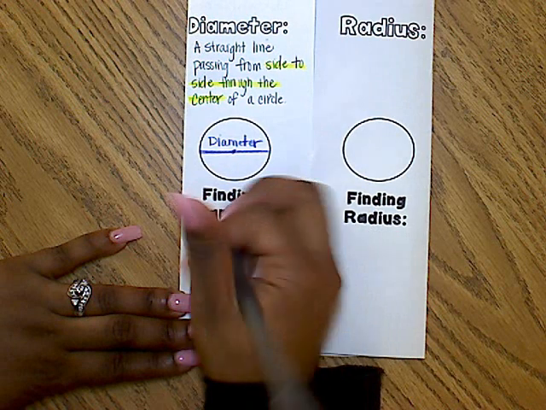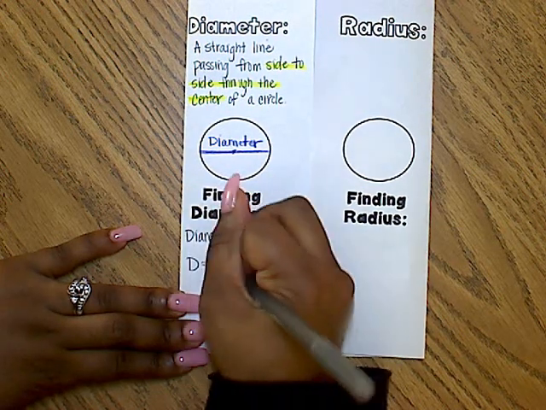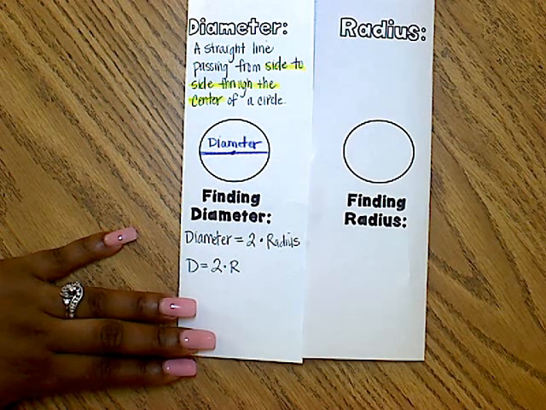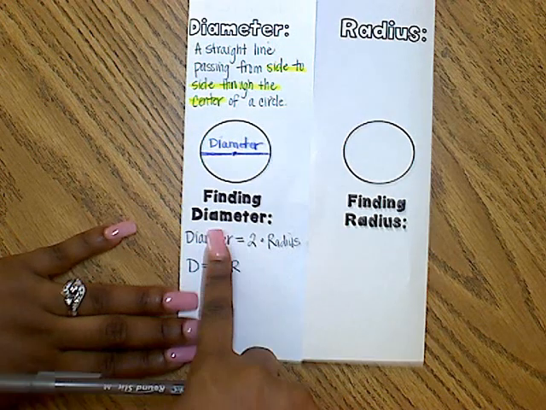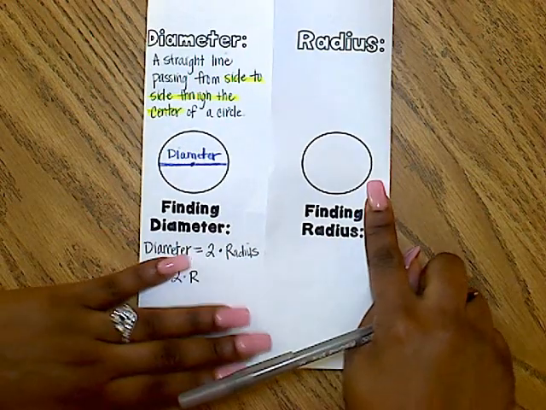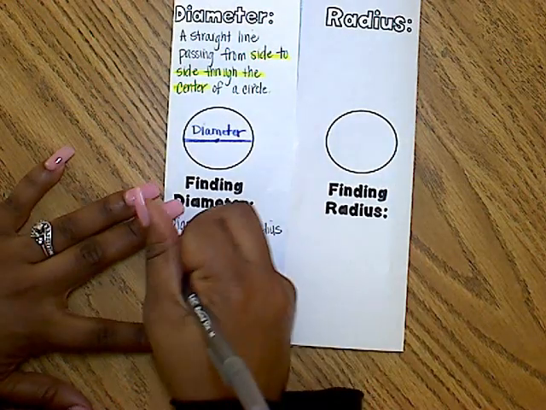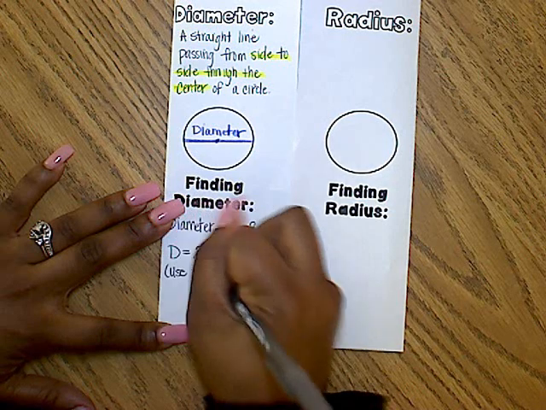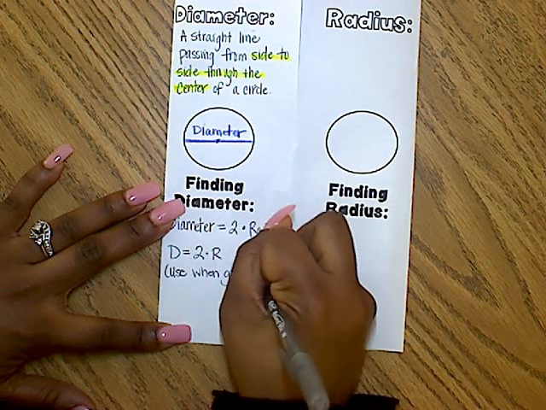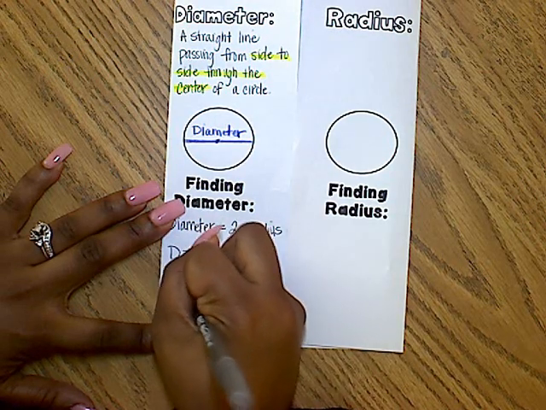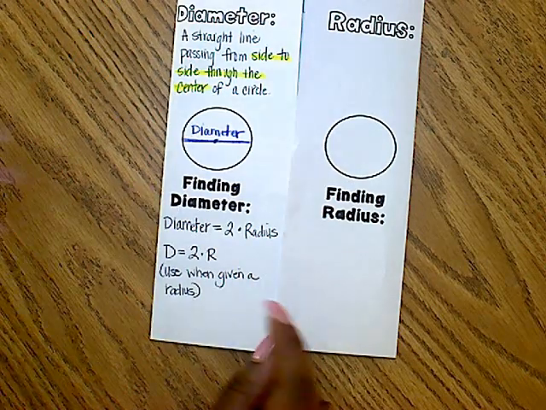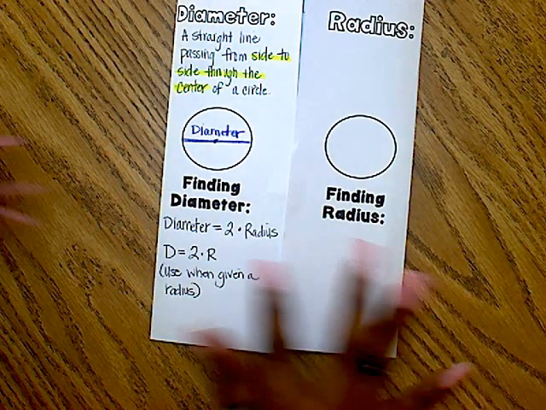Sometimes you'll see that as D equals 2 times R. We'll use this when given a radius. So we're going to use this formula when we have the radius and don't know the diameter.